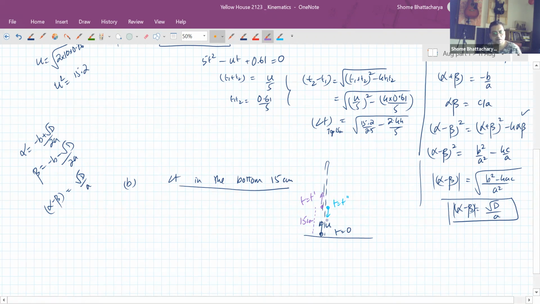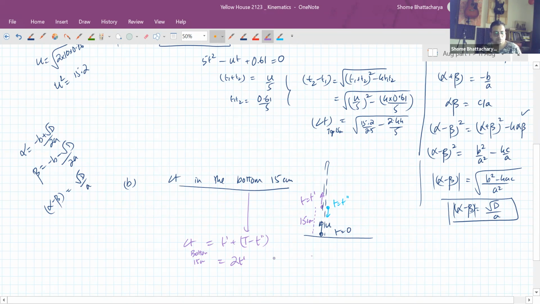Now we have to find how much time it spends in the bottom 15 centimeters. This will be t prime plus capital T minus t double prime. That will actually be 2 times t prime only, because these times are symmetric, right?